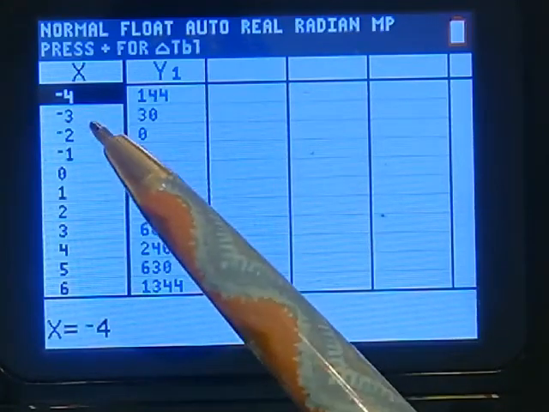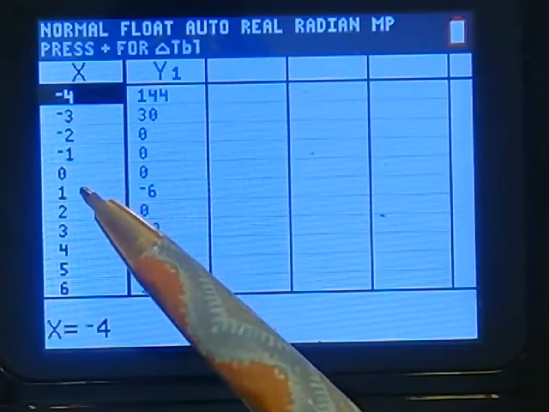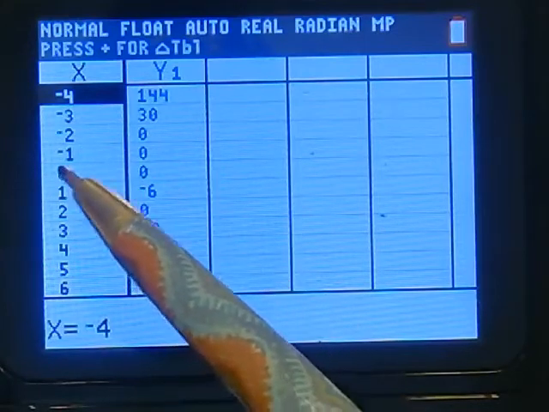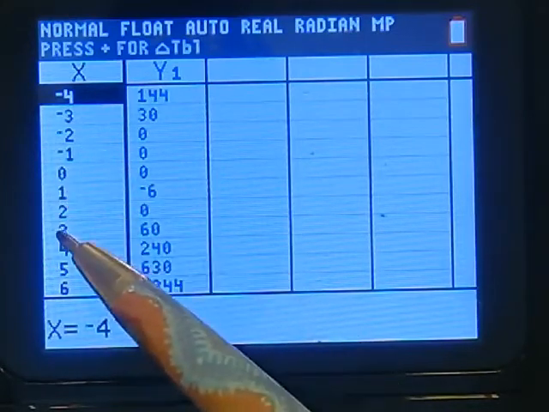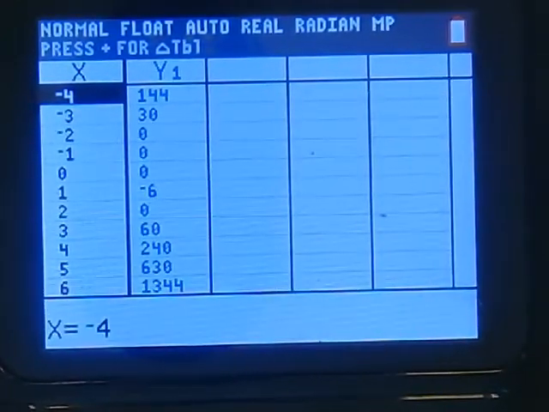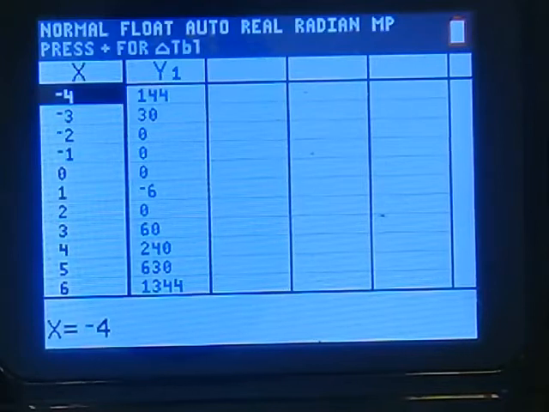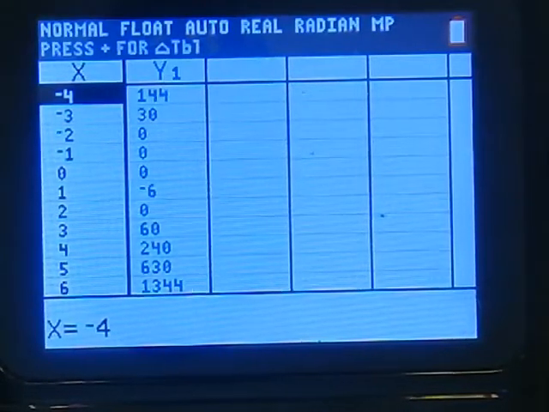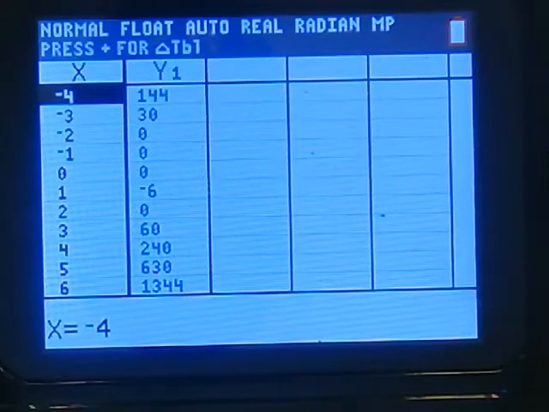And I would write all of those zeros down, the ordered pairs: -2, 0, -1, 0, 0, 0, 2, 0. I would jot all of those numbers down. So I'm going to do it here on the side, and I'll show you this in a second. Those are my zeros, and we're going to need those.